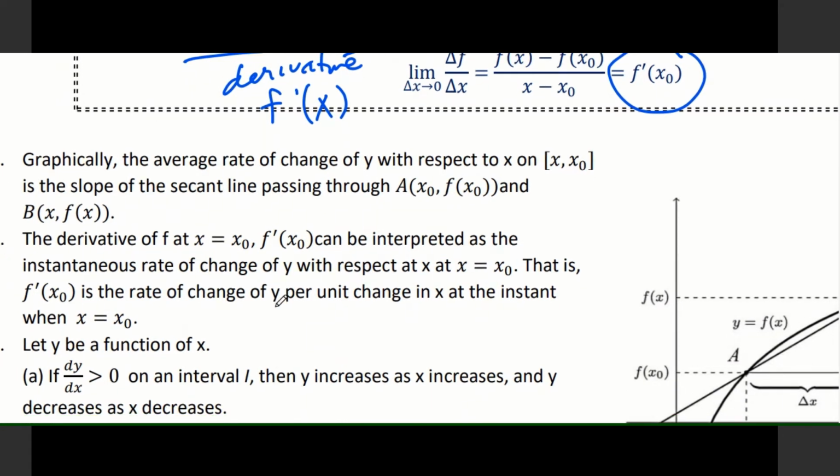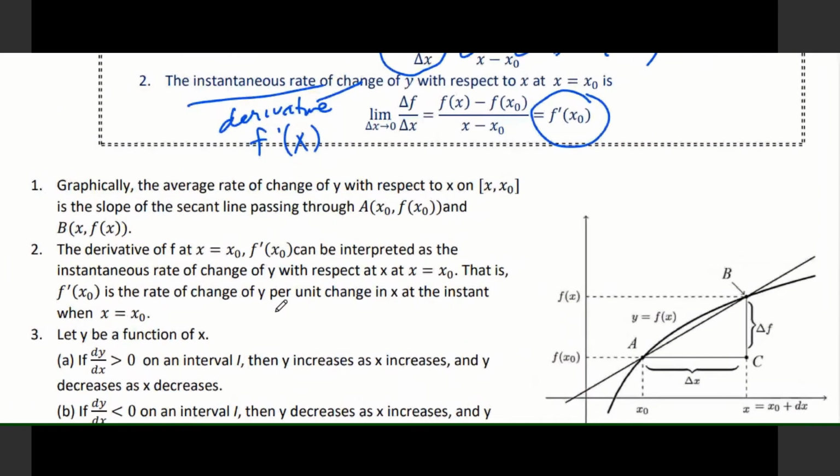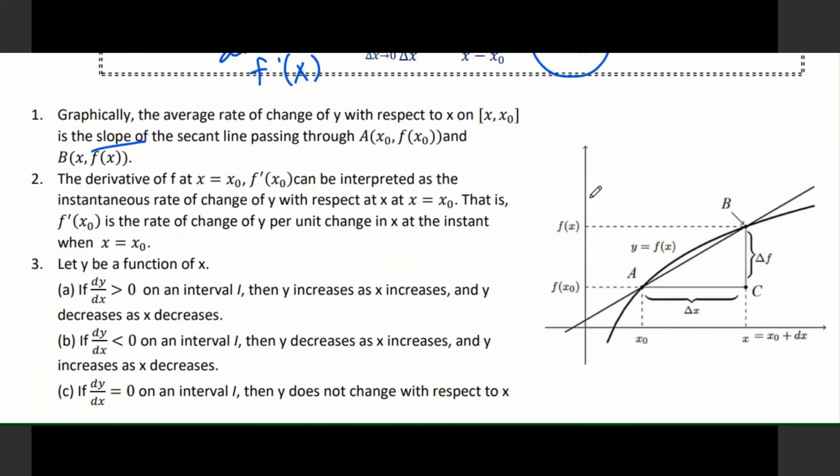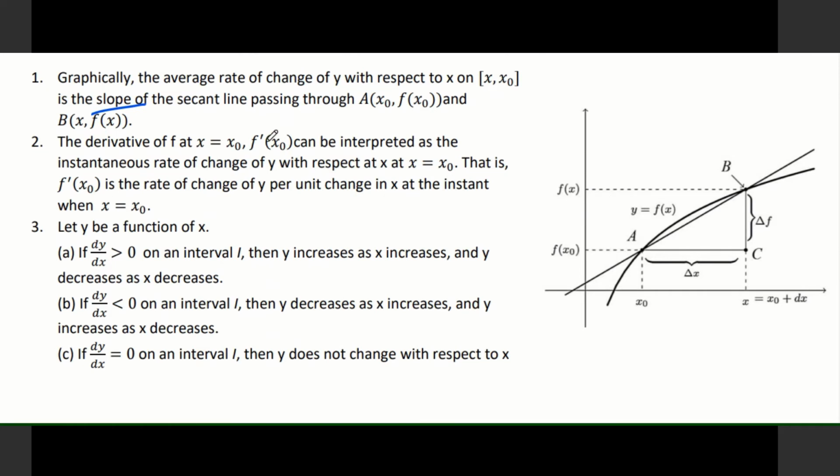So graphically speaking, the average rate of change of y with respect to x here is the slope. That is what we said earlier, slope. Now the derivative of that function f will be the instantaneous rate of change. So take note of that. Derivative is for the instantaneous rate of change.